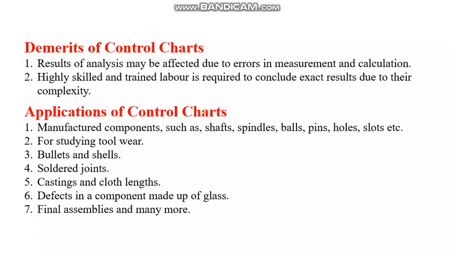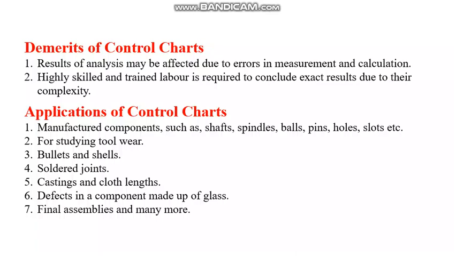Then soldering joints. Nowadays electronics is extensively used, from your mobiles to laptops, computers, everything. These boards are there, and soldering joints are used. So for all this, control charts are used. Then castings. If you have castings, control charts can be used. Even in the textile industry, cloth lengths. I don't know why they have put castings and cloth lengths in the same line.